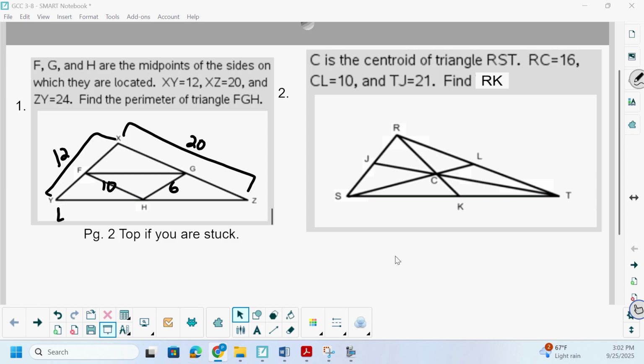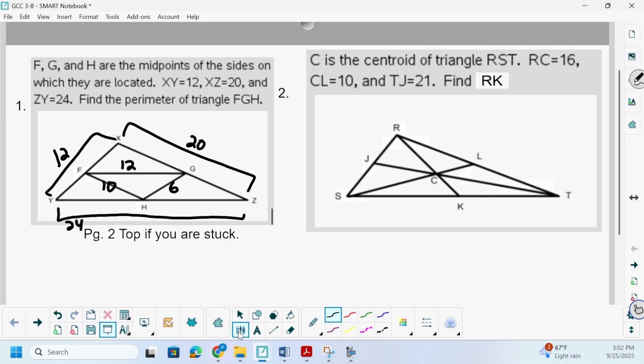And then our bottom side here, YZ, is 24, so the mid-segment it's parallel to is 12. We then wanted to find the perimeter of this interior triangle. So if we add up the 10, the 12, and the 6, we should just get 28 for our perimeter, and they did not give us units in this question.